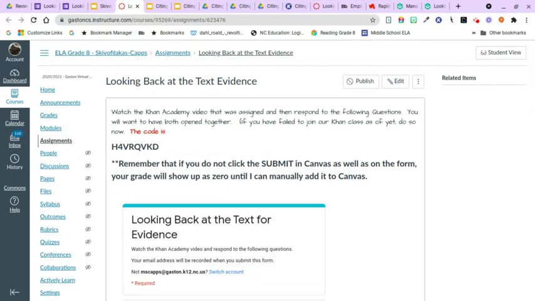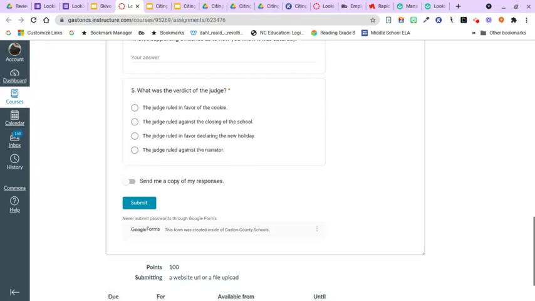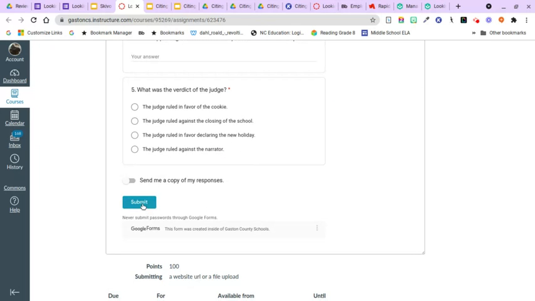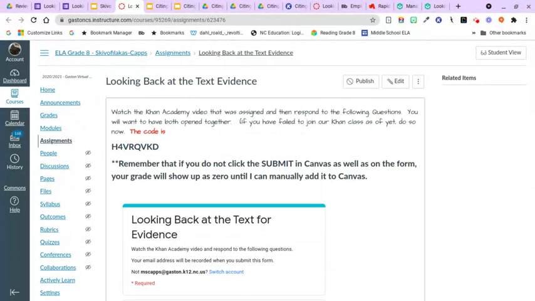And when you finish, I want you to submit it. But I also want you to hit the submit button, and I can't do it in student view because it's not published yet, but up here you will have a red submit button. Hit that as well. That will keep you from getting a 0 in the grade book.